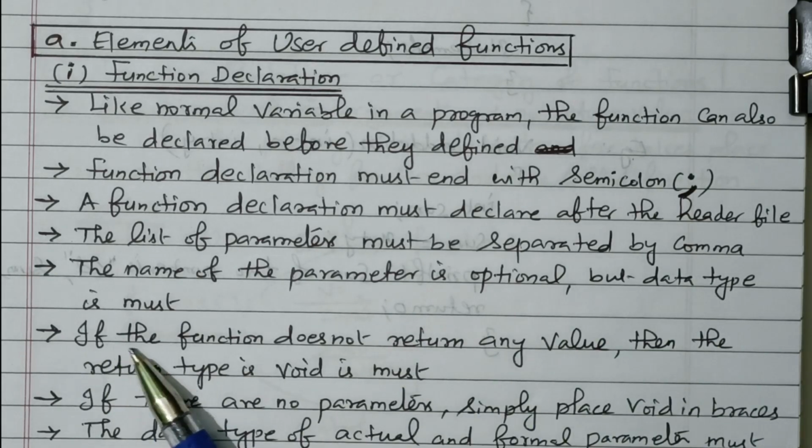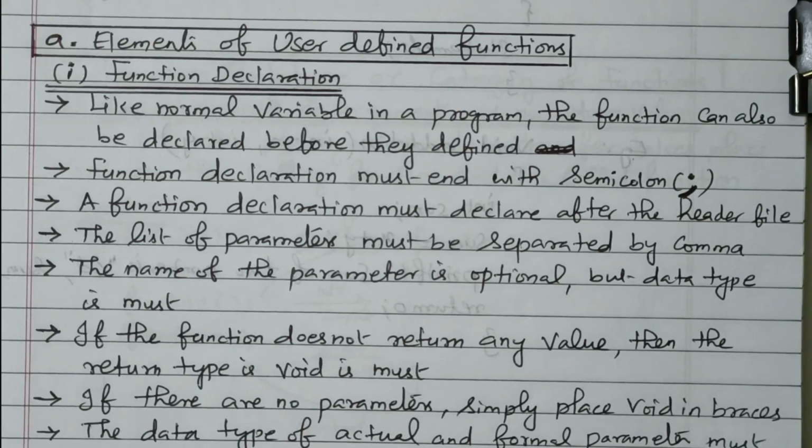If the function does not return any value, then its return type is void, which is a must. That is why we use void main, as the main program does not return any value. Similarly, if a function does not return any value, we need to specify the word void, right?